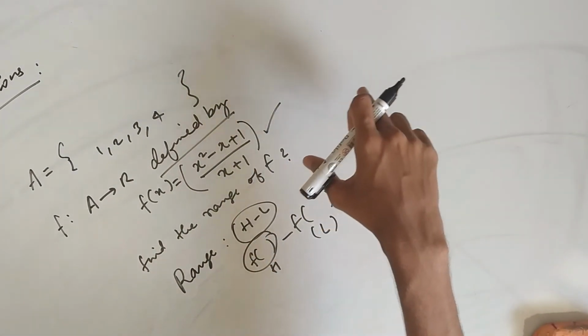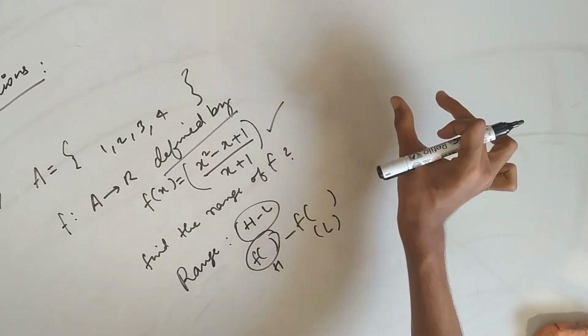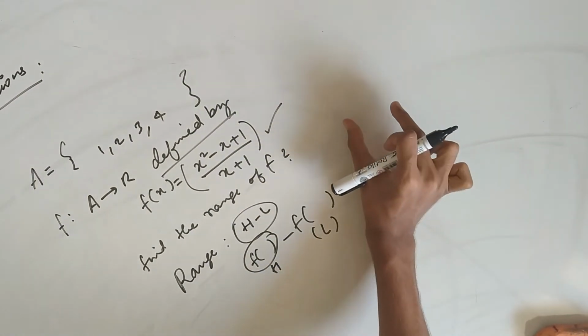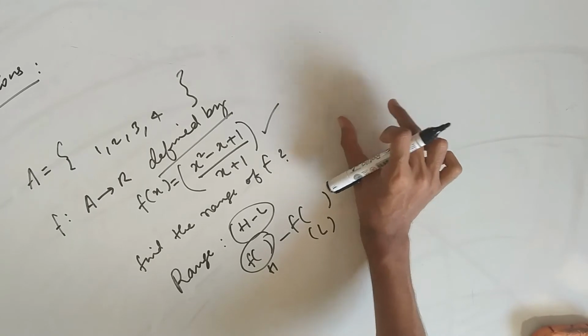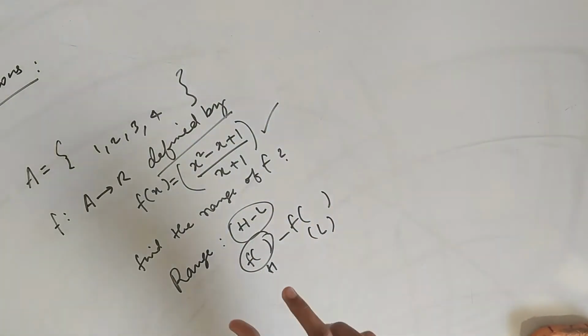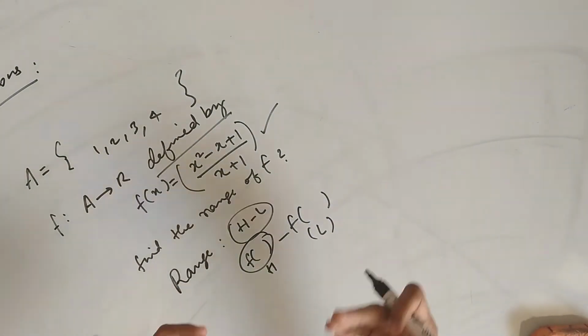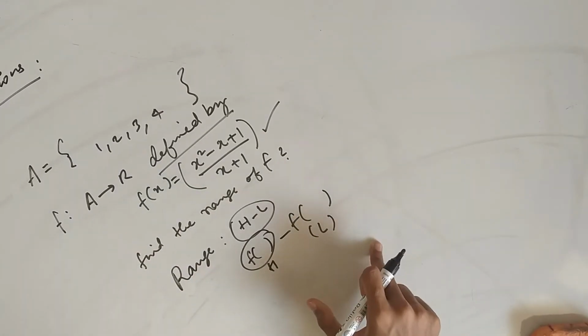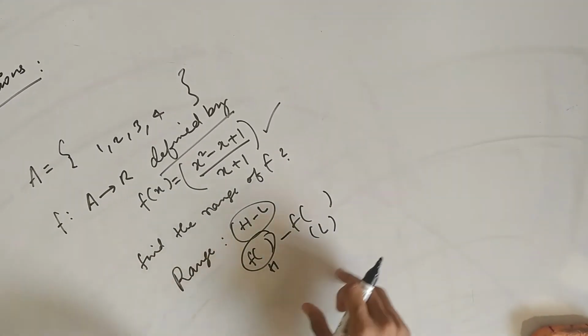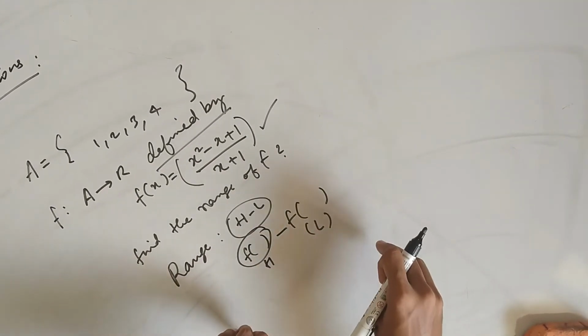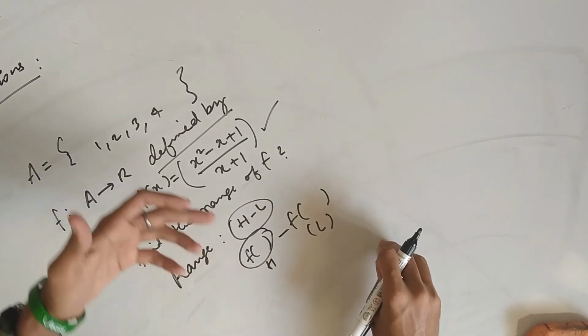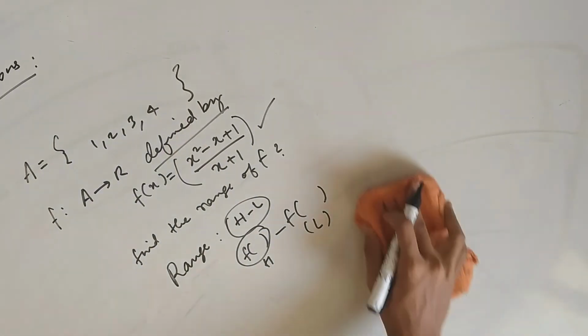Depending upon the values obtained, we will keep the value having less magnitude first, in non-decreasing order, in increasing order I will write, and that obtained value set will be the range of the function f. Now let's proceed.